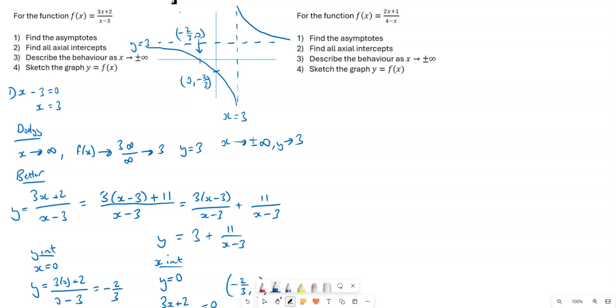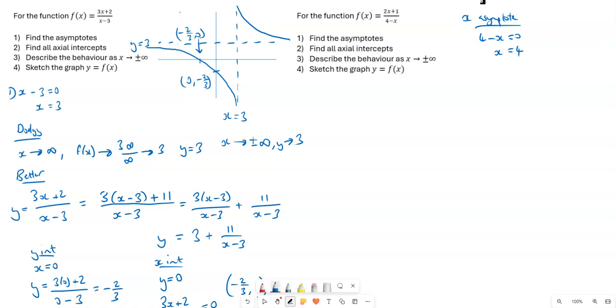Okay, hopefully you paused. The x asymptote is fairly straightforward: 4 minus x equals 0, x equals 4. That's our first one. The dodgy way of doing this is we've got 2 times infinity over negative infinity, so we're going to have negative 2 as our y asymptote.